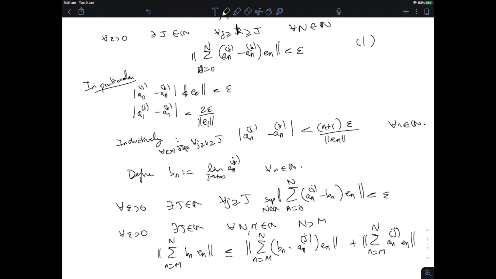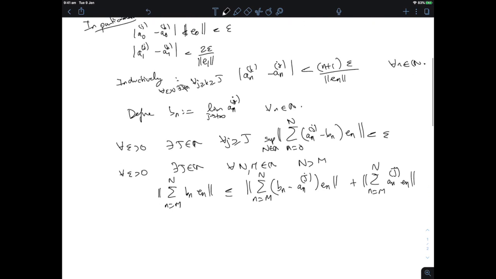But the first part of the sum, the sum up to capital N minus the sum up to capital M minus 1, say, is certainly smaller than 2 epsilon by property 1, by the fact that I have a Cauchy sequence, or more precisely by 1 prime that we've deduced here.